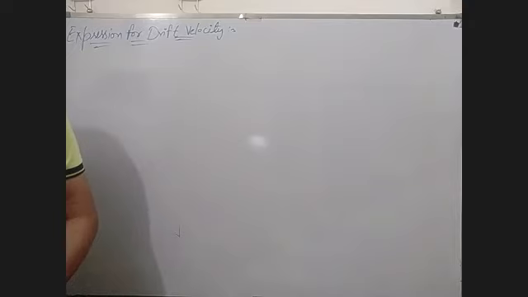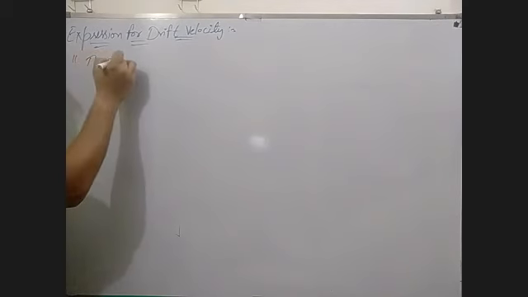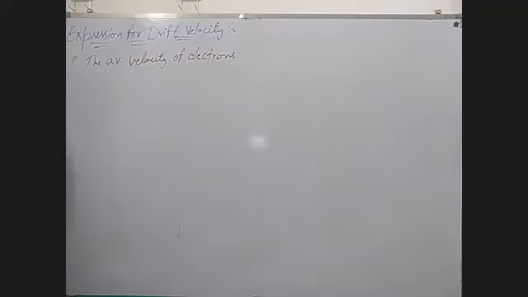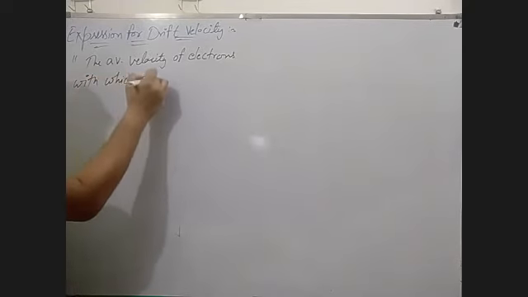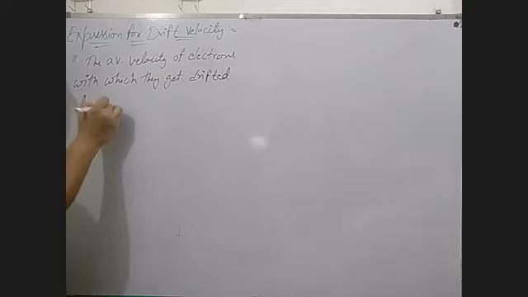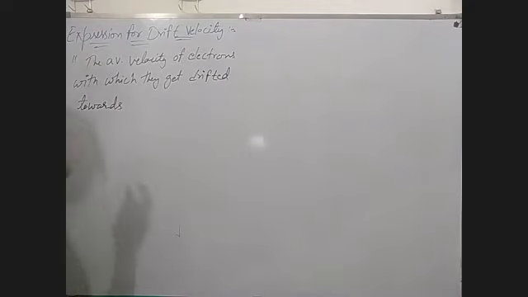Now, drift velocity is what? The average velocity of electrons with which they get drifted towards the positive end of the conductor.